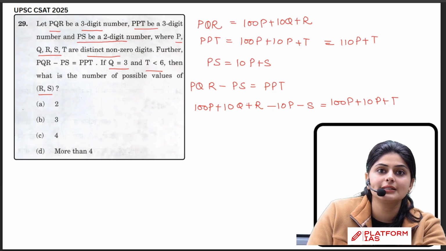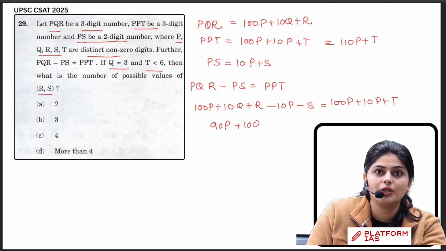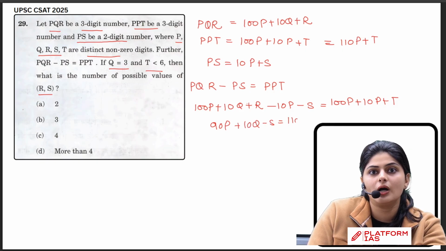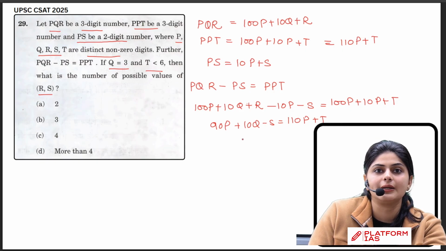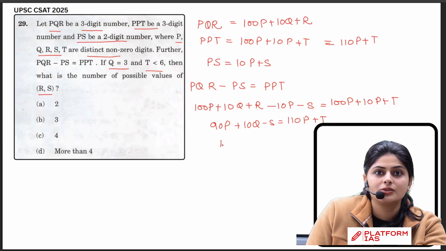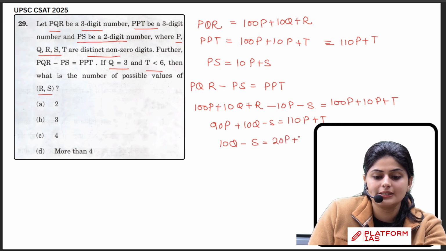We will get 90P plus 10Q minus S is equal to 110P plus T. So this will give me 10Q minus S is equal to 20P plus T.